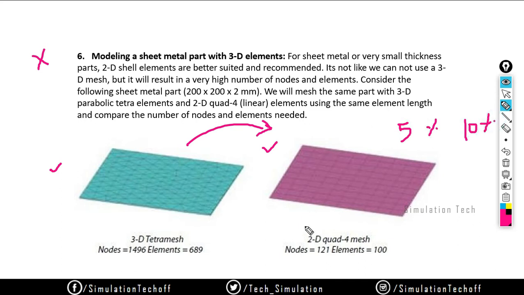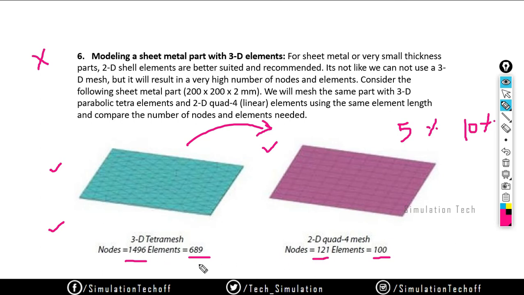Okay. But when you compare this for a simple plate in 3D analysis, it creates 1496 nodes and 689 elements. Obviously it is high. But if you mesh the same plate in 2D with first order quad elements, you will get 121 nodes and 100 elements.